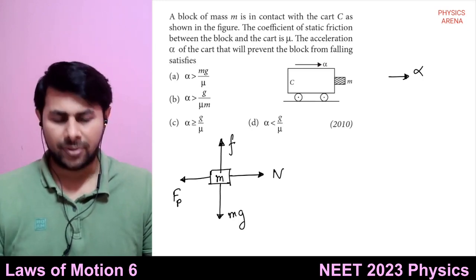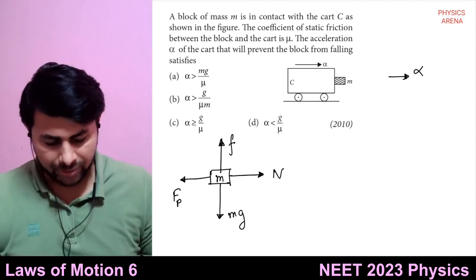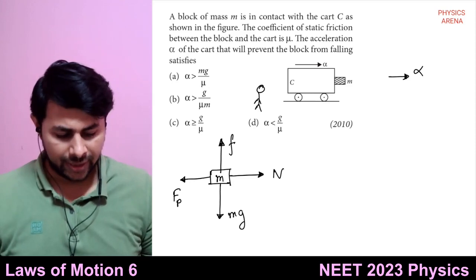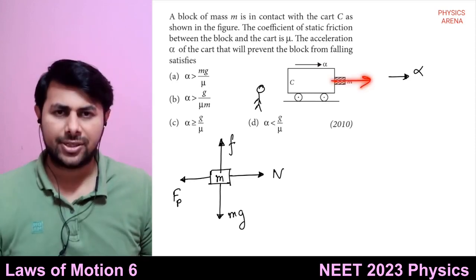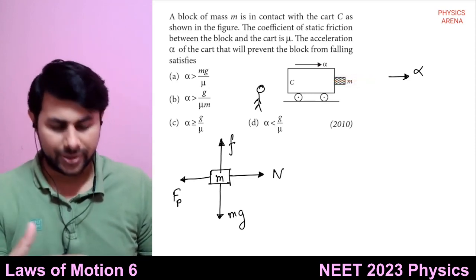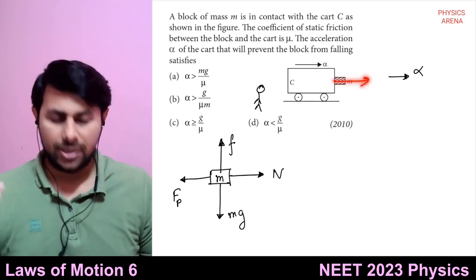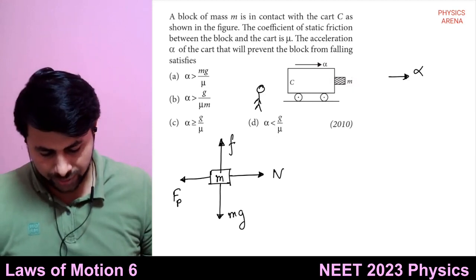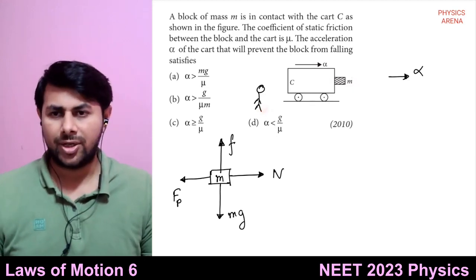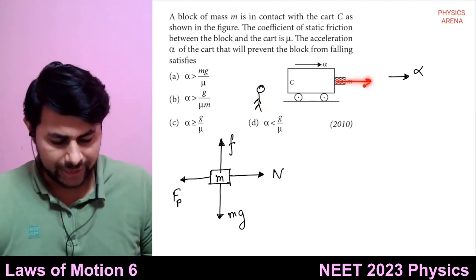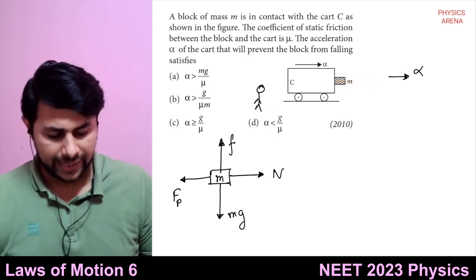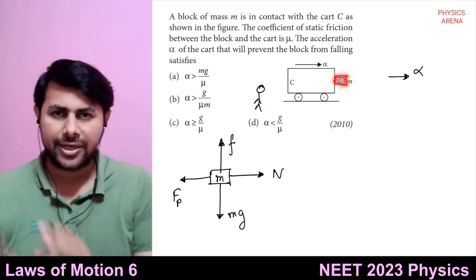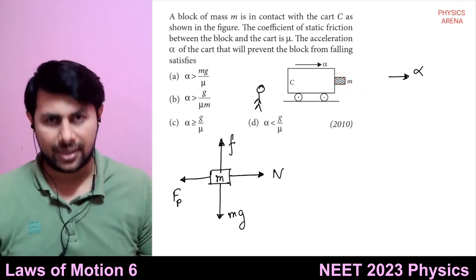So for this observer, what did we consider earlier? That the normal reaction provides a force. The normal reaction is towards right, and it's because of that normal reaction that this block also gets accelerated along with the cart.